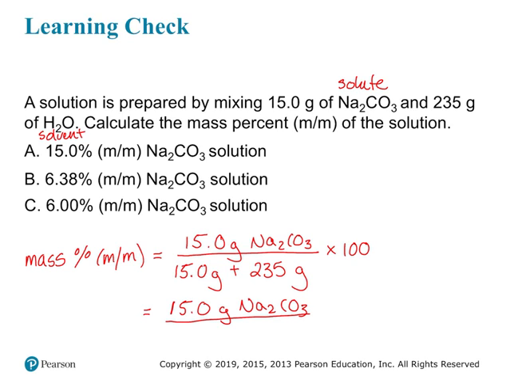So let's see, 15 plus 235, that's 250. Okay, so let's plug this into our calculators if you haven't already. So 15 divided by 250 times 100. Okay, so I get 6%. And that matches C.